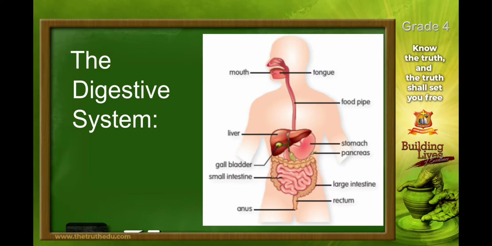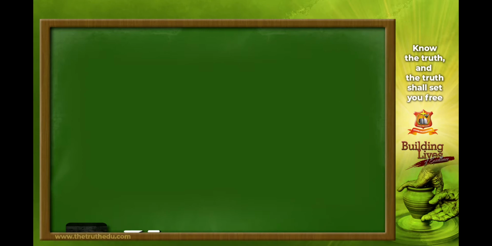Here we have the mouth, then comes the food pipe, the liver, the stomach, the gallbladder, the pancreas, the small intestine, the large intestine, the rectum, and the anus. In total, there are more parts of the digestive system, but we'll learn only about these.